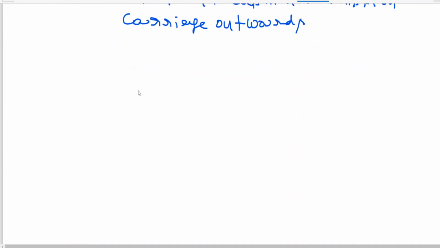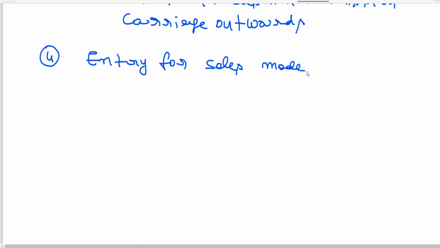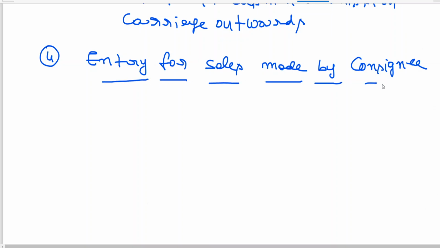Fourth entry. Entry for sales made by consignee.